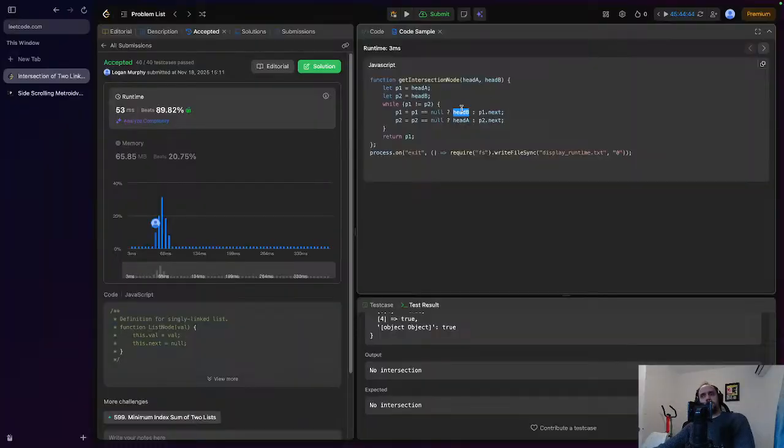Oh, is it just because as they get to the end of the array, they eventually both end up being null? How is this the most efficient?